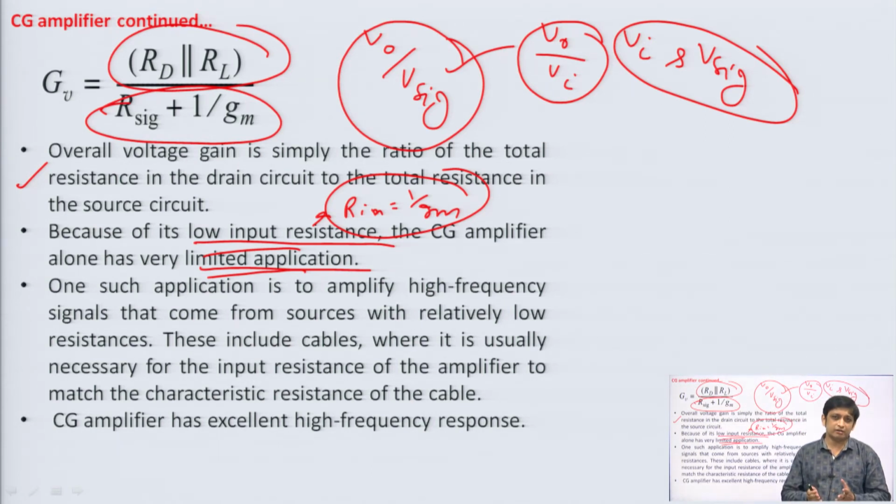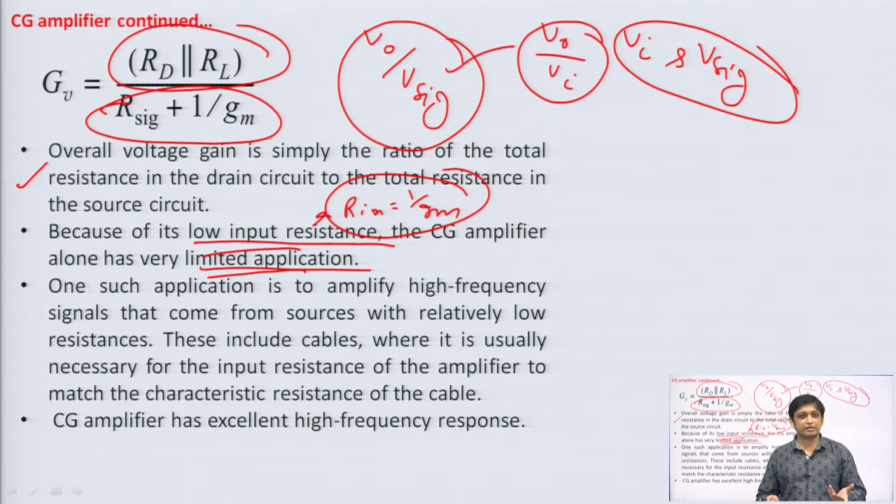So, we need the low input resistance there, because that input resistance should be matched with the characteristic impedance of the coaxial cable. It should be matched, right, in order to avoid signal reflection, because if there is signal reflection there will be signal loss, that is not acceptable at all, fine. So, low input resistance we require because the characteristic impedance is very less in coaxial cable.